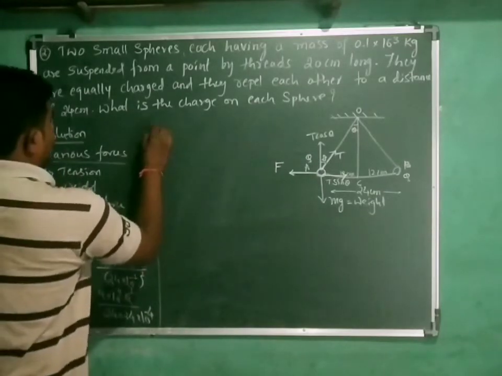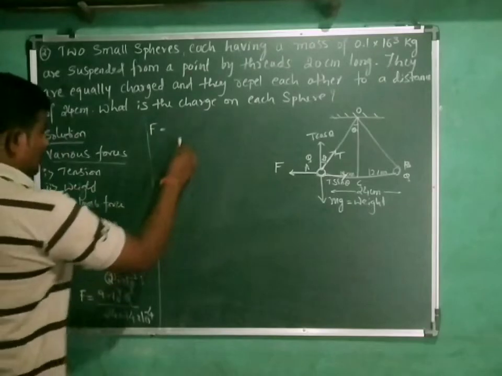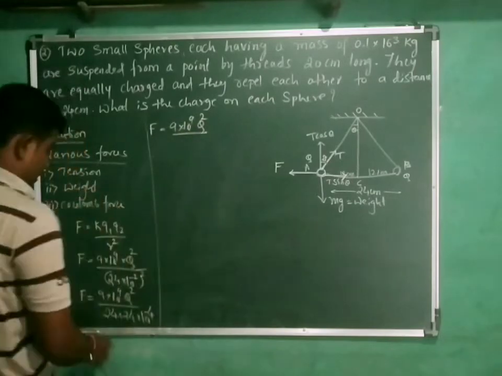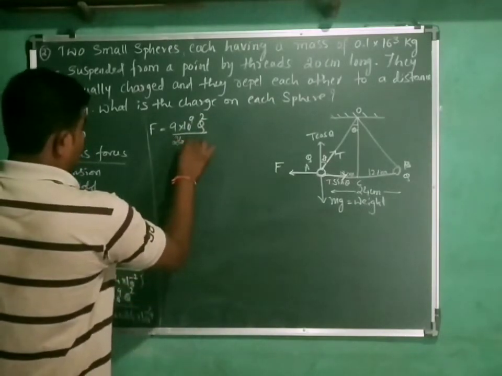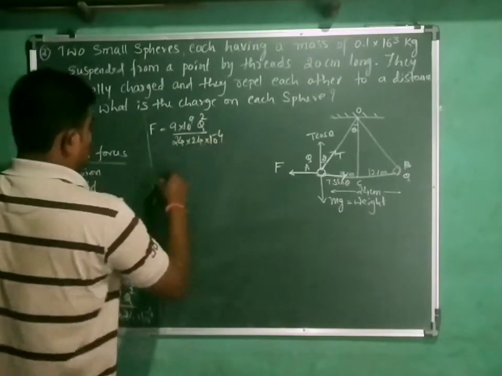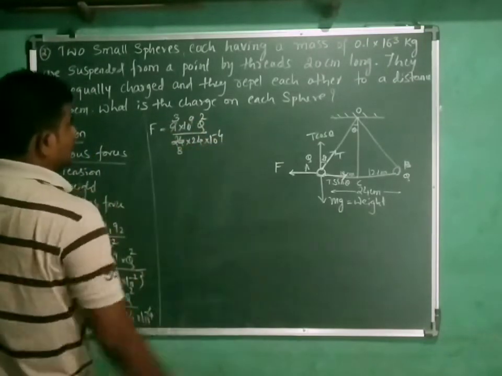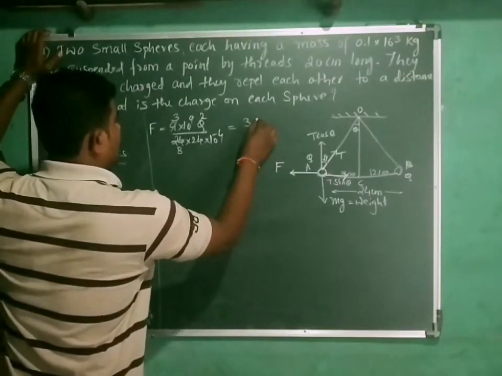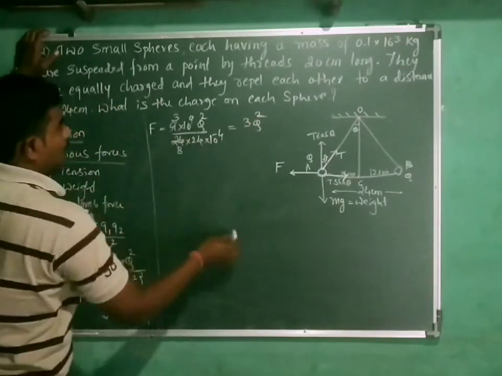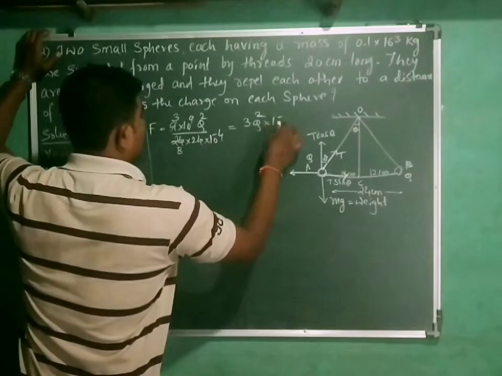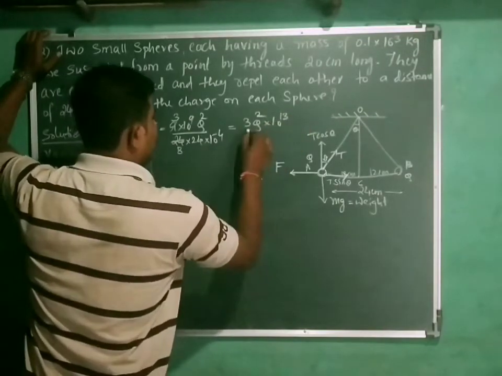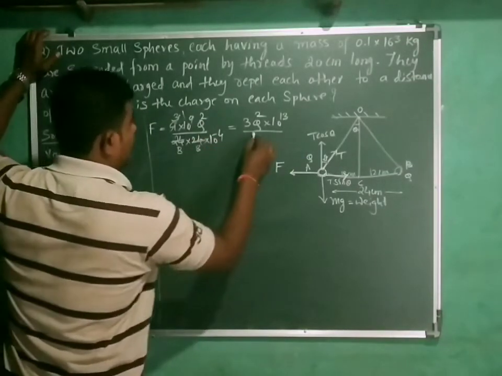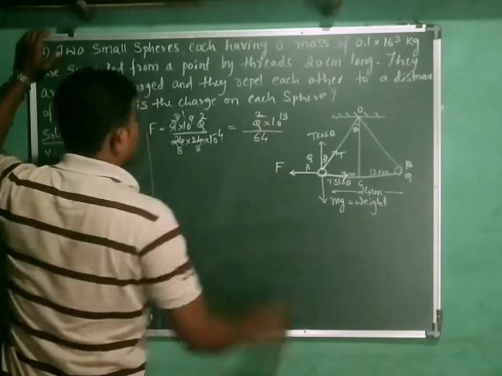Now 3 3s are 9, 3 8s are 24, so it is going to be 3 Q square. 10 to the power 9 and 10 to the power minus 4, therefore it is 10 to the power plus 13, divided by 8 8s are 64.